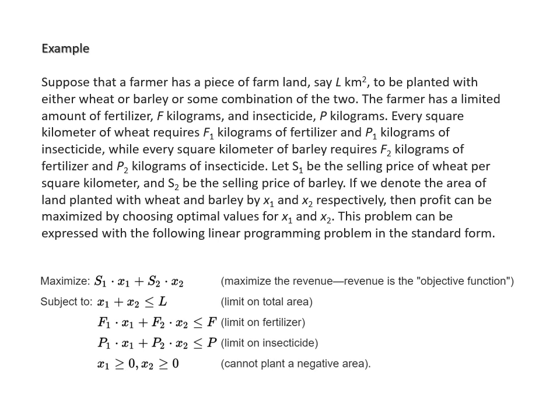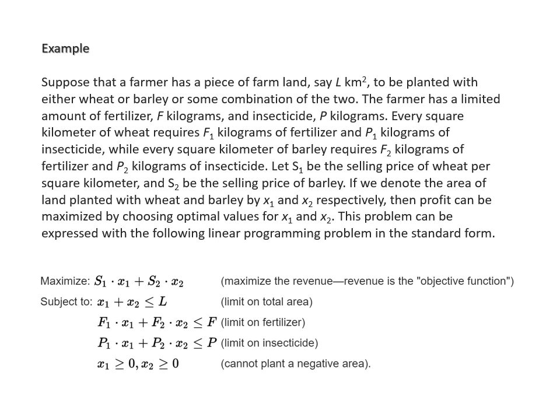Those are his two choices about what he can plant on every square kilometer of land that he owns: wheat and barley. He also has a limited amount of fertilizer, so he has a certain amount, F kilograms of fertilizer, and he has a limited amount of insecticide, P kilograms.